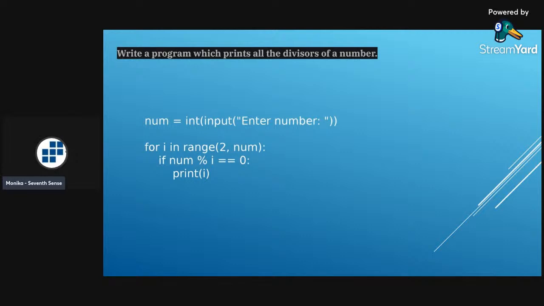For i in range of 2 comma number. See, what is the question? It should print all the divisors of a number. So here for i in range 2 comma num. Then what is the condition? If num modulus i is equal to 0, it should print i. So what will be our output, guys?